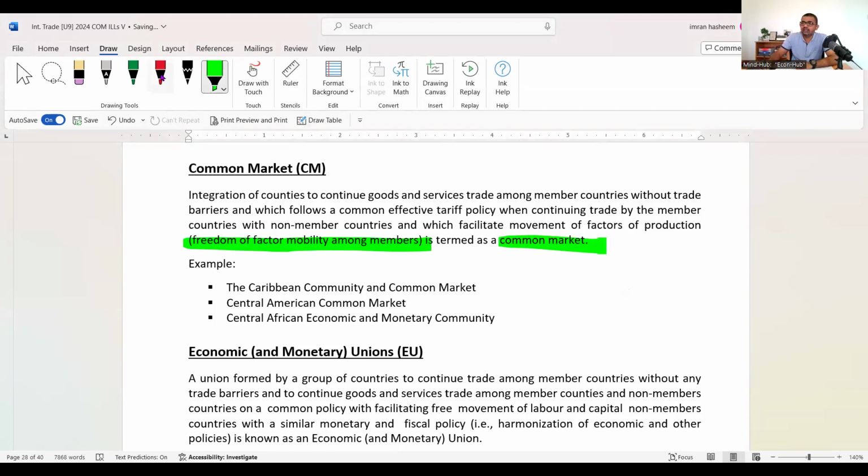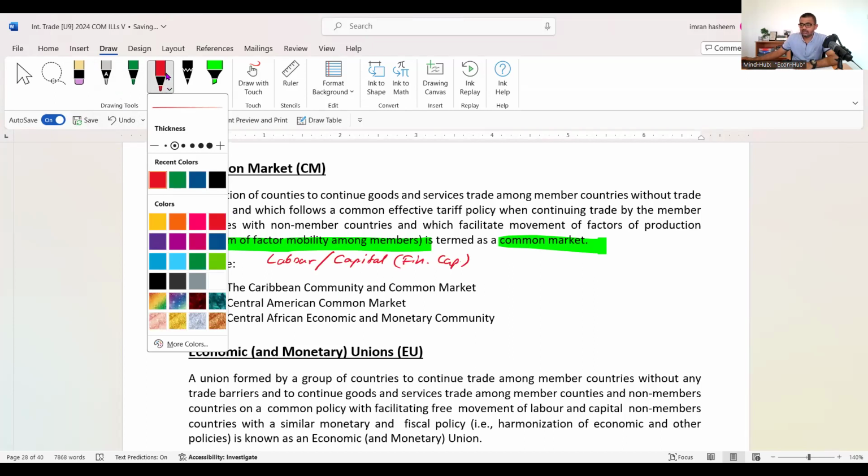Factor mobility, mainly we talk about factors of production, labor and capital. Here, of course, it is financial capital we are talking about. Capital in economics is not money. So, financial capital.